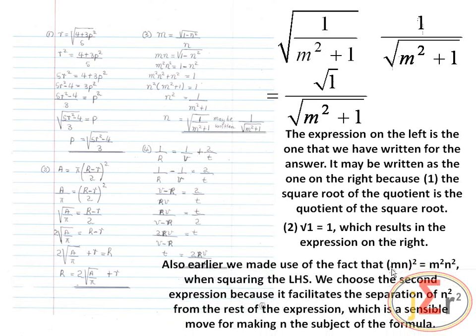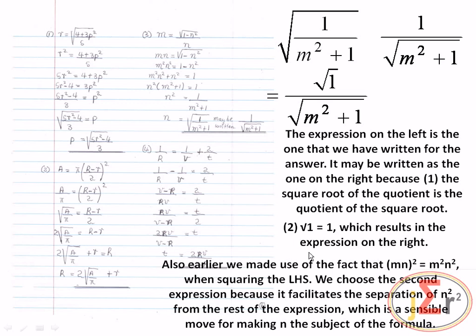Also, earlier we made use of the fact that mn all squared is equal to m squared n squared when squaring the left hand side. We choose the second expression because it facilitates the separation of n squared from the rest of the expression, which is a sensible move for making n the subject of the formula.